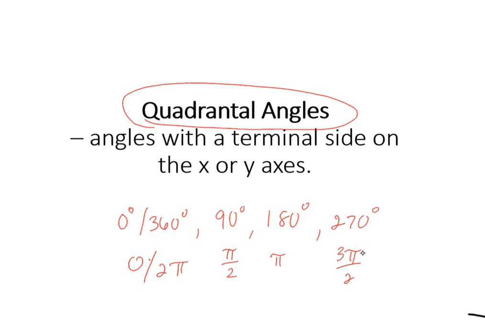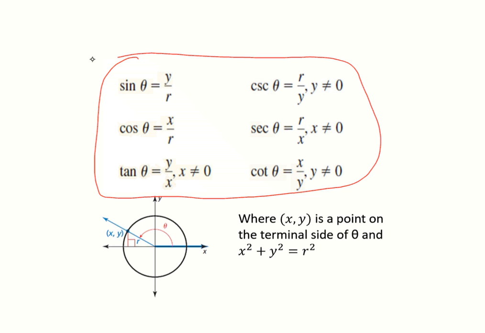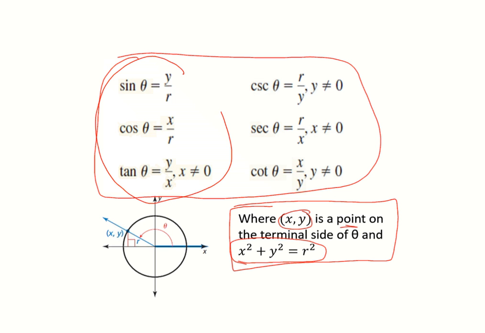So as far as trig functions, sine, cosine, tangent, and all their buddies, it relies back on information that we talked about in a previous section that says if you are given a point x, y on the terminal side, then this equation holds true. And to find your trig values, you have those formulas for it.